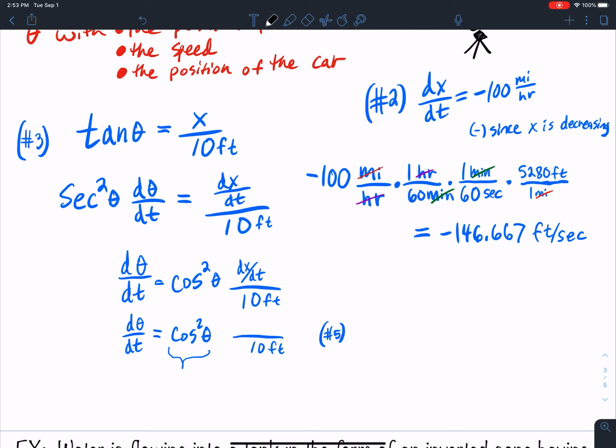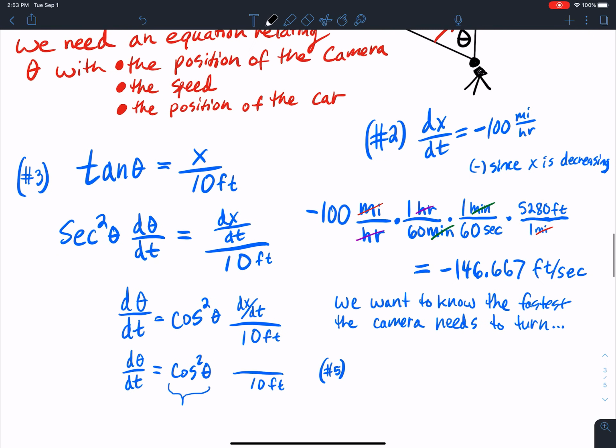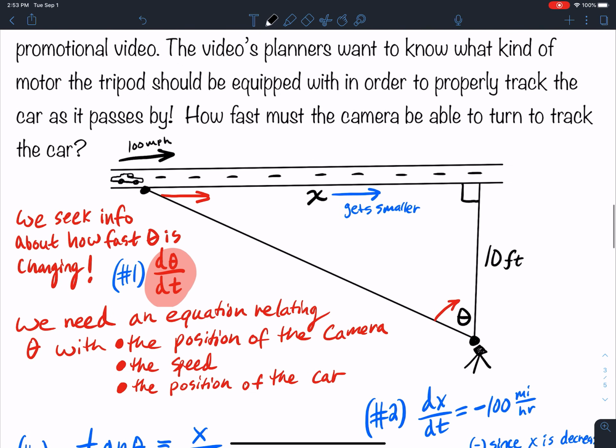What is the theta that maximizes the speed of the angle, right? So the question is, we want to know the fastest the camera needs to turn, because if I'm trying to figure out how fast the camera needs to be able to turn, then I need to know the fastest speed at which the car is passing the camera and it's making the change in the angle go quicker.